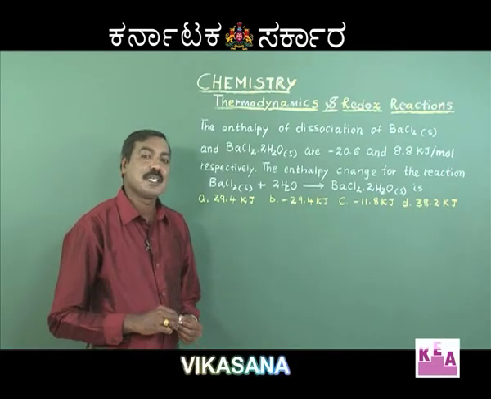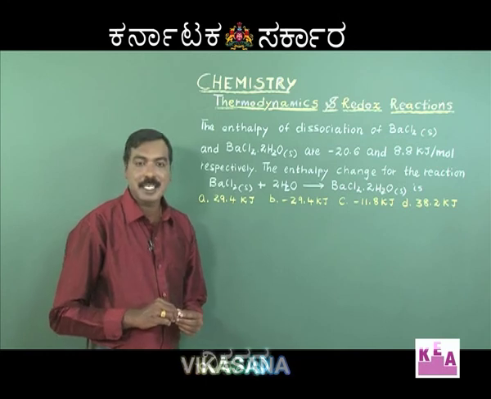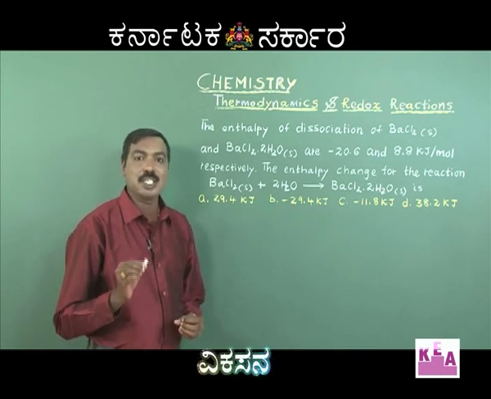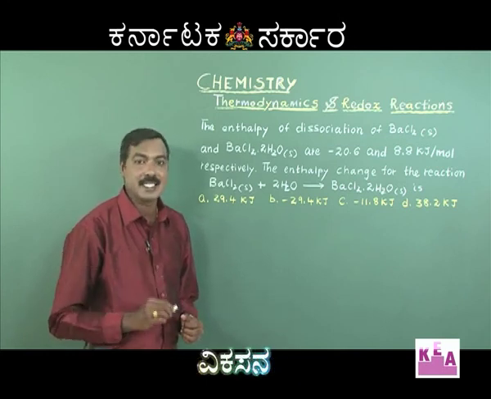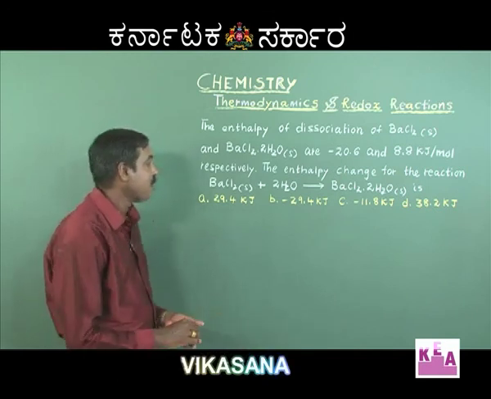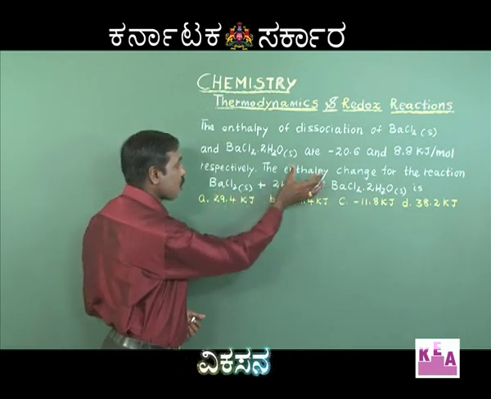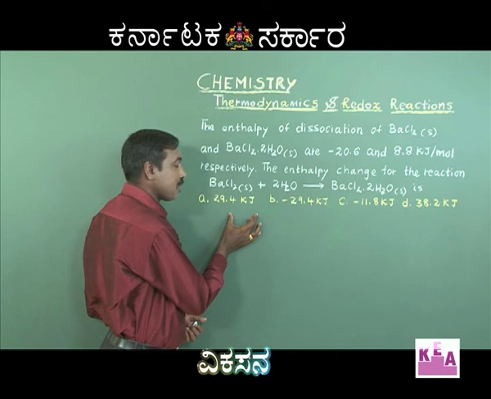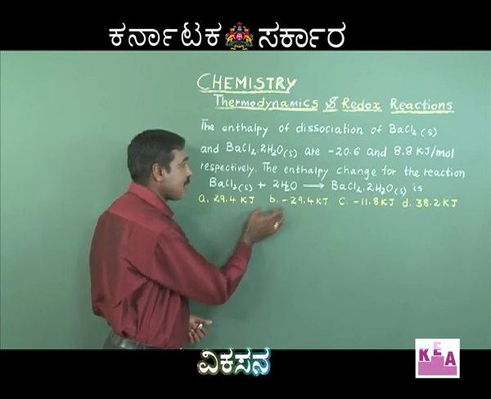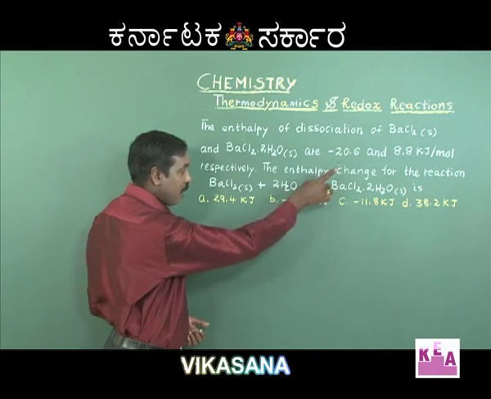As I mentioned, enthalpy change when bond dissociation energies are given is the summation of the bond dissociation energy of the reactants minus that of the products. Here, for barium chloride, the dissociation energy is minus 20.6, minus that of the products. For products, it is given as 8.8.